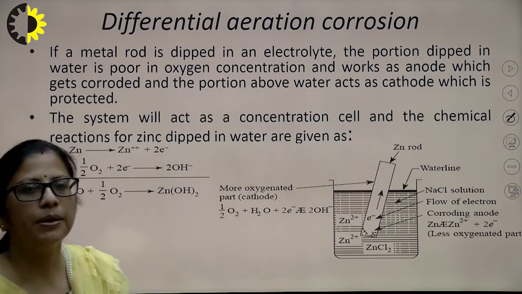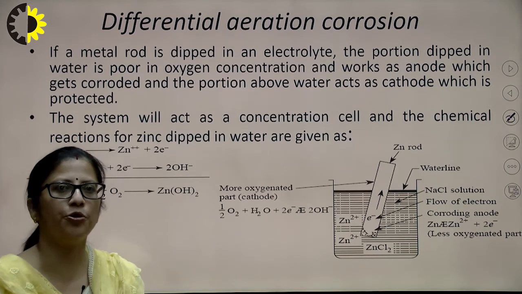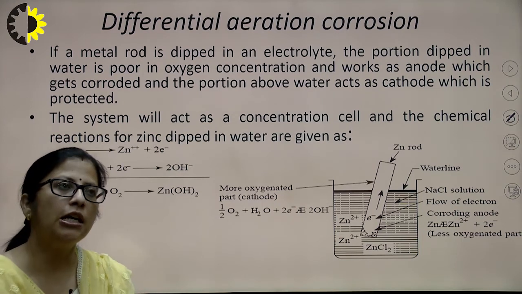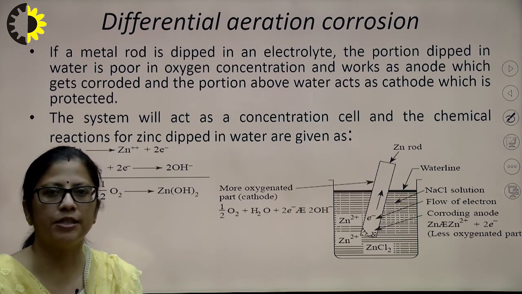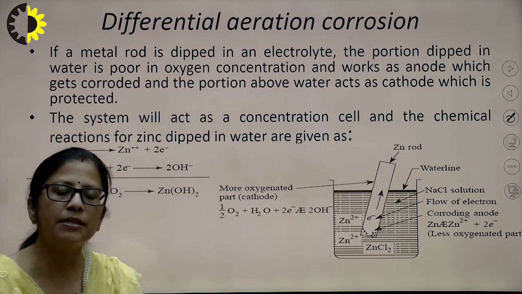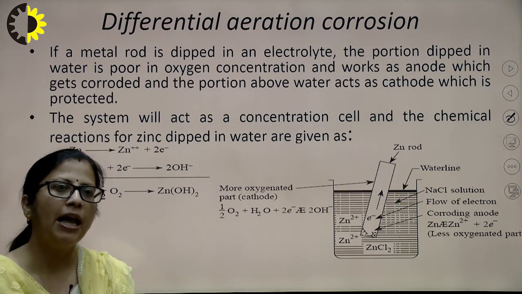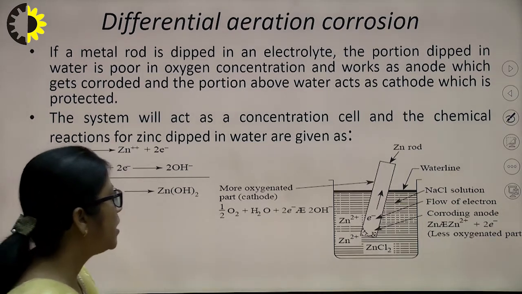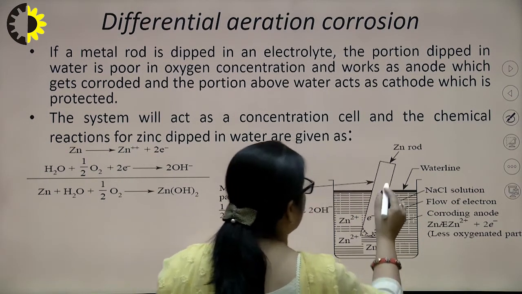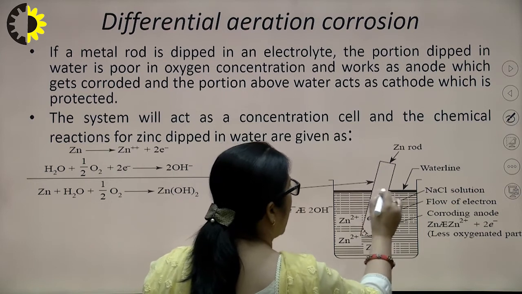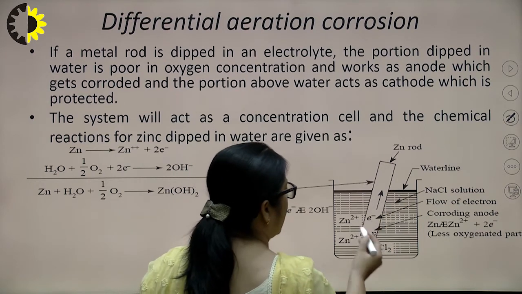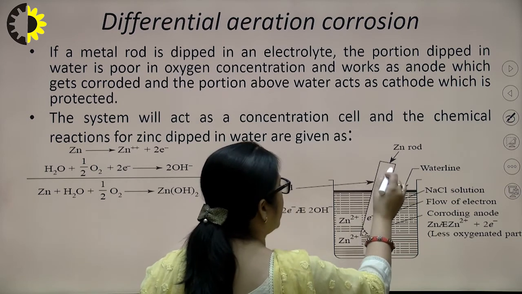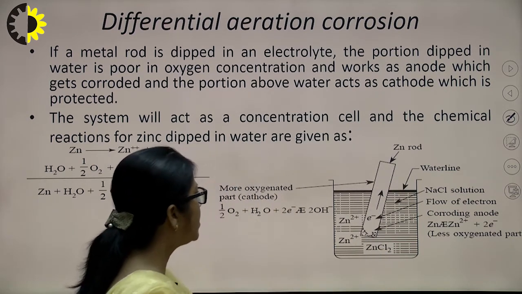The next type is differential aeration corrosion. This occurs on those metallic surfaces which are partly dipped inside a solution of an electrolyte and partly exposed to air. In this case, you can see that this is a zinc rod which is half dipped inside an electrolyte, which is NaCl solution, and half of it is above the electrolyte.